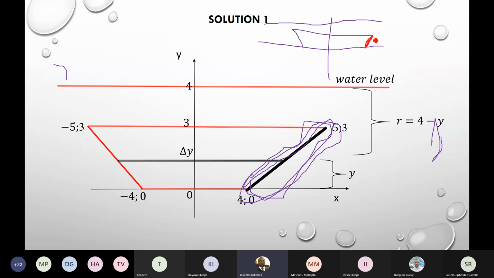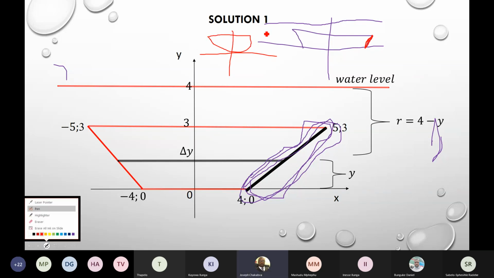You're going to see when we do an example for this trapezium. If it was a parabola, like this is a parabola here, we calculate the equation of this part of the parabola.